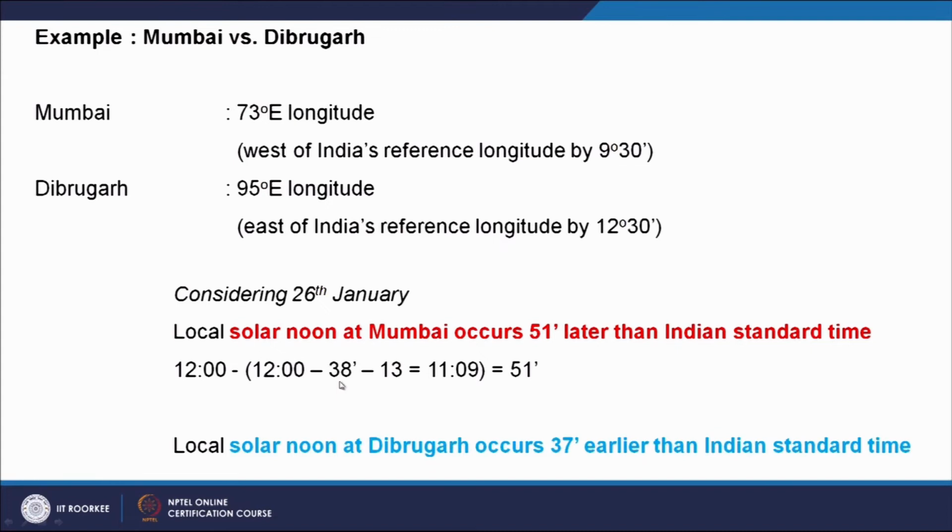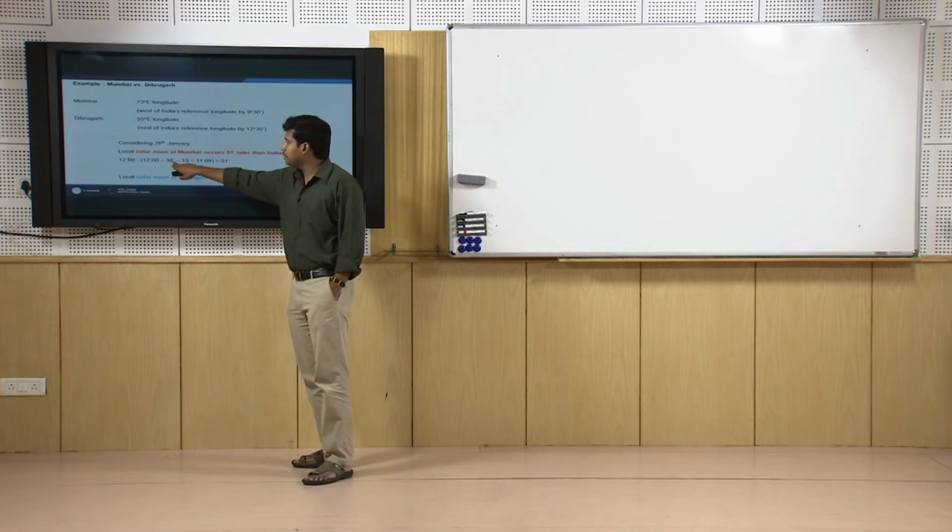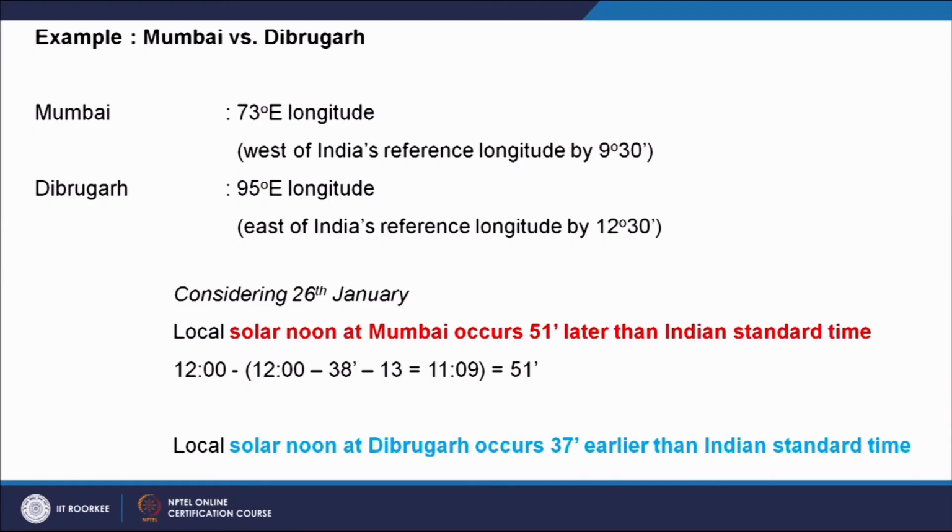For every longitude degree it is 4 minutes, so if you multiply, you will get 38 minutes, minus 13, because I am calculating it for 26th January. Whereas if I am calculating it for, as an example I stated, 26th October or 27th October, the correction will be positive, plus 17 minutes. Here it is minus 13. So this comes to 9. Subtract this from 12. So you will get 51 minutes.